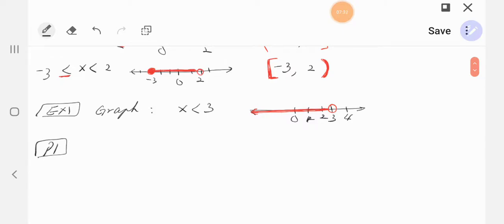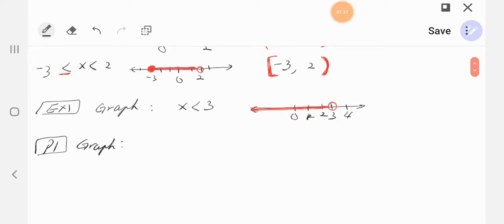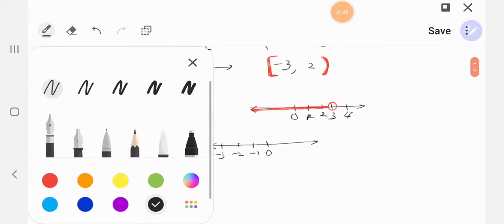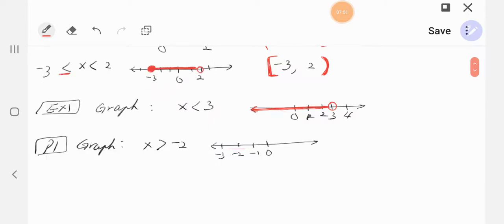Same thing. Graph x is greater than negative 2. Do the same thing. The end value is negative 2. So this is 0, negative 1, negative 2, negative 3. Here's negative 2, and negative 2 is not included, so use an open circle or parentheses.